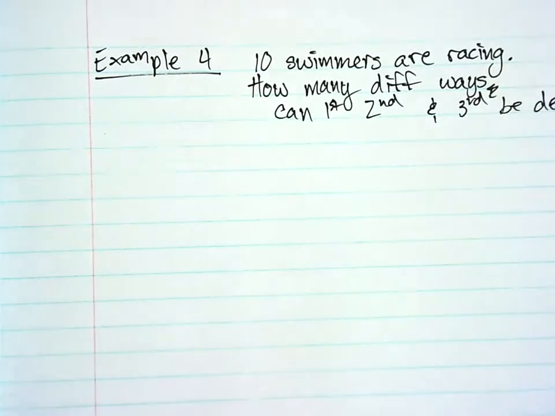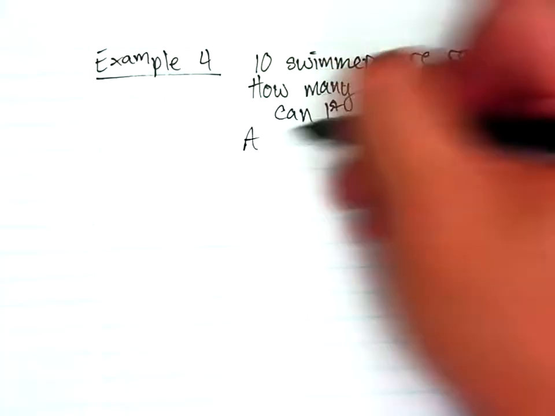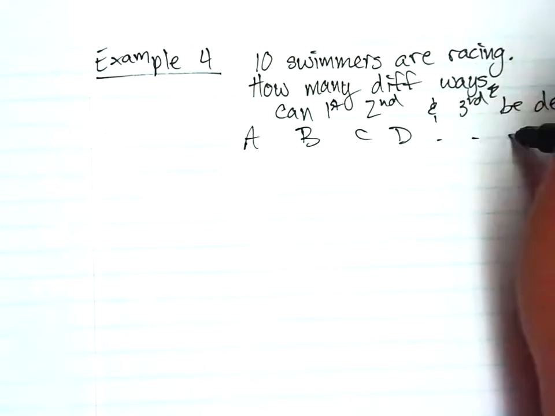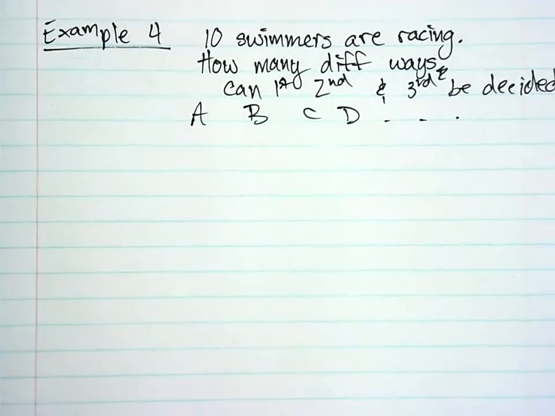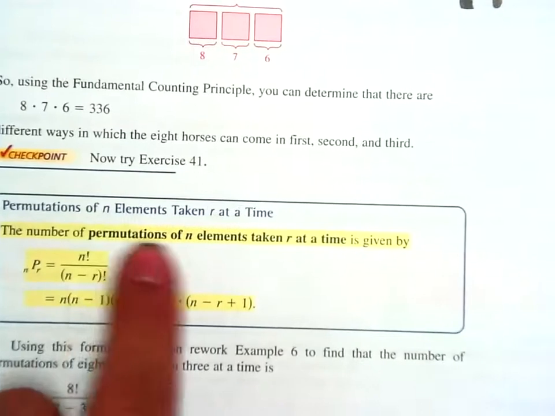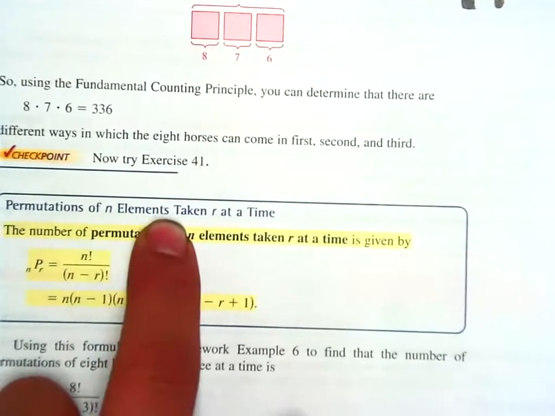So if I had swimmer A, B, C, D, all the way to the 10th letter, we would have to figure out in what way could we organize it. In this one, the formula we would need is the permutation of n elements, the total amount of people, taken r at a time.